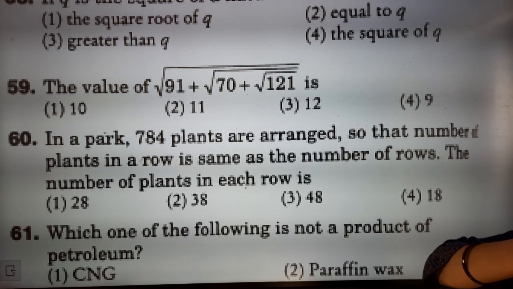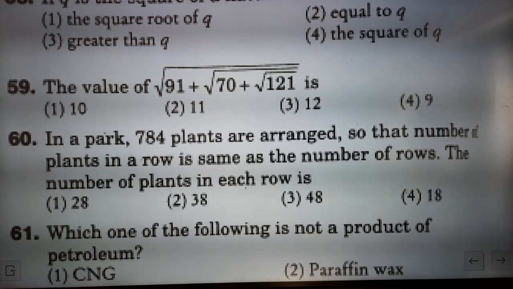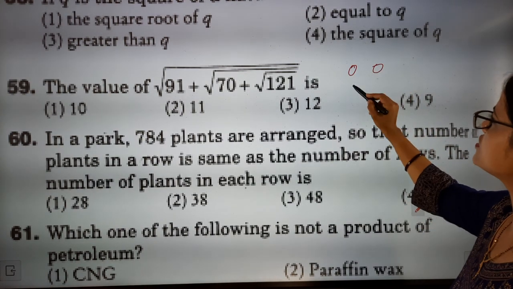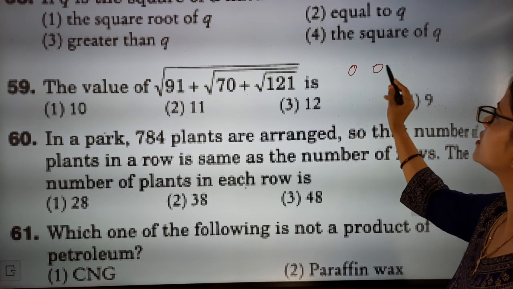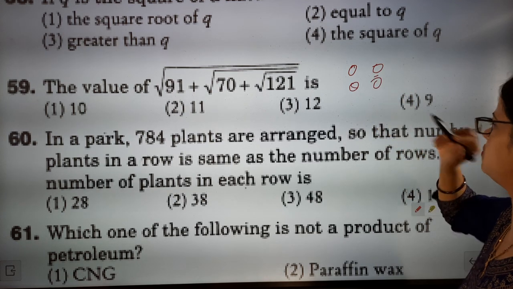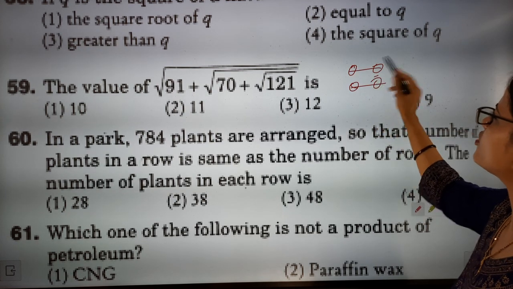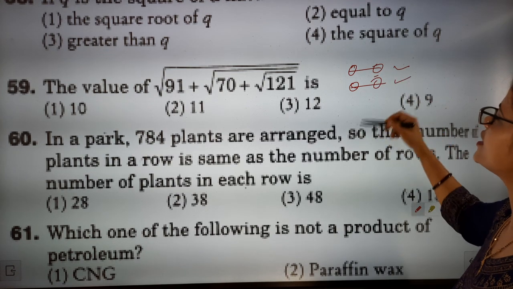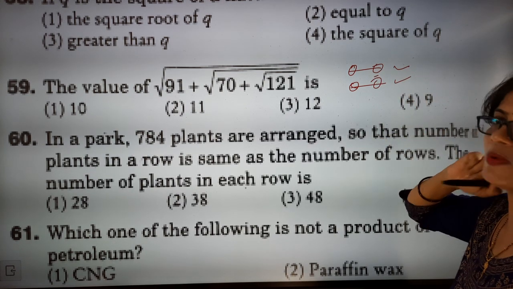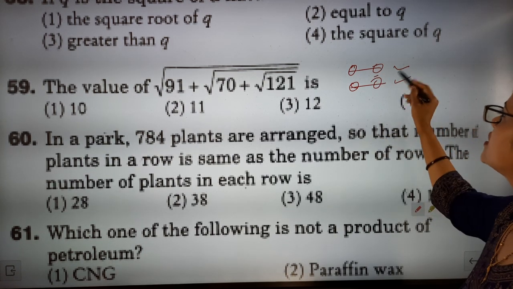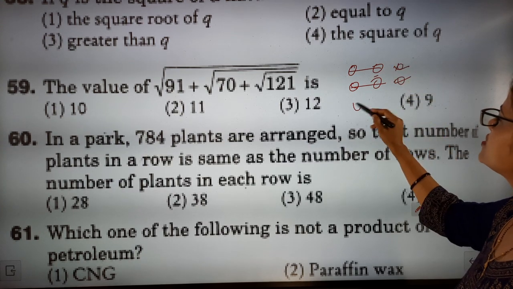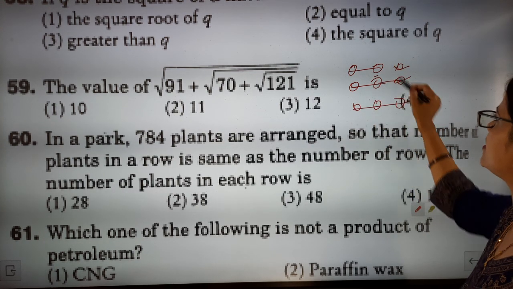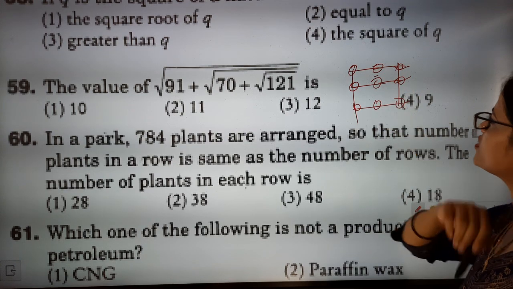So I understood this part like this: 2 rows are there, so 2 plants in each. Here the number of rows and number of plants are the same. 2 rows, 2 plants. 3 rows means the number of plants is exactly 3. So this is exactly the concept of square root.